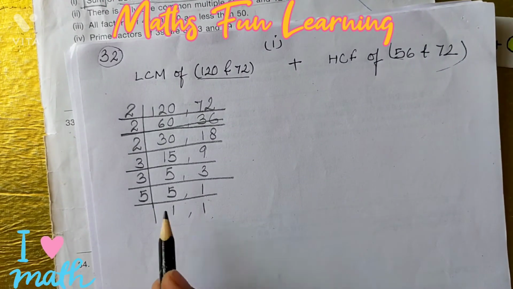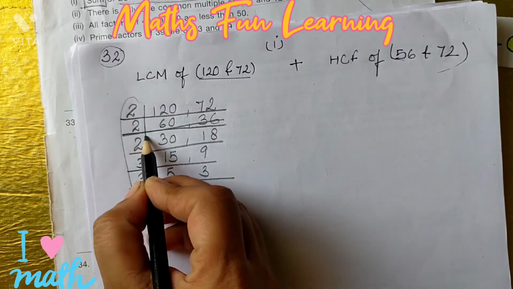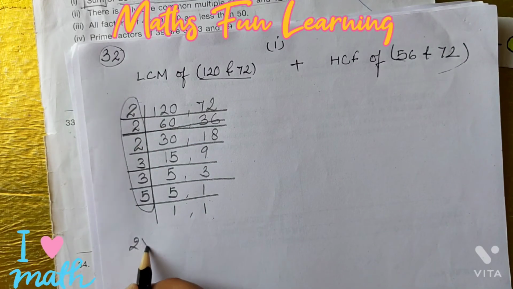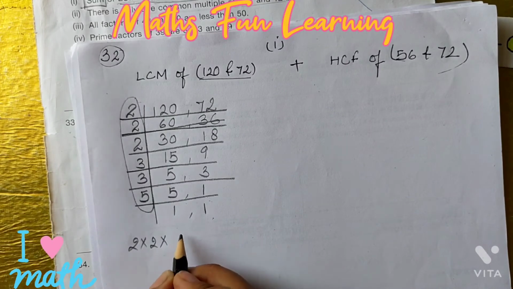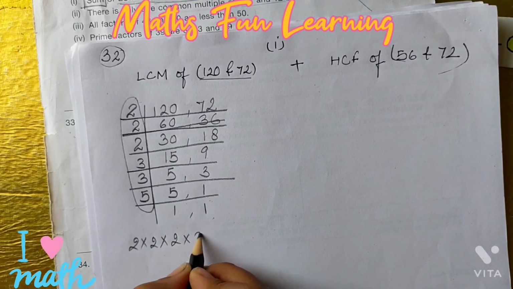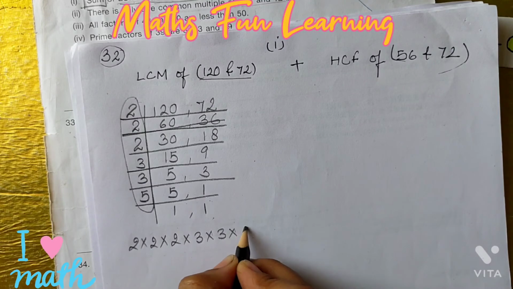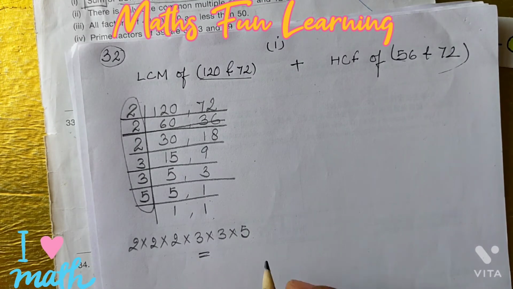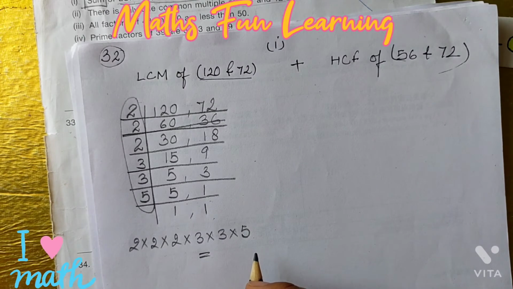Now if you multiply every prime number, 2 times 2 times 2 times 3 times 3 times 5, which is equal to 360.